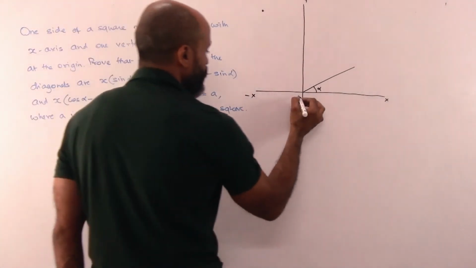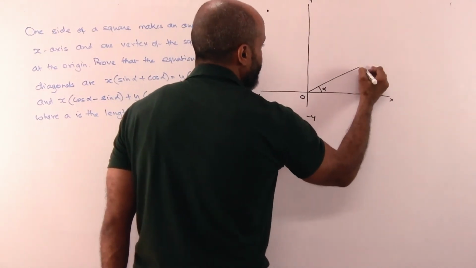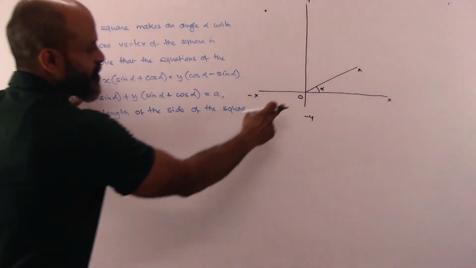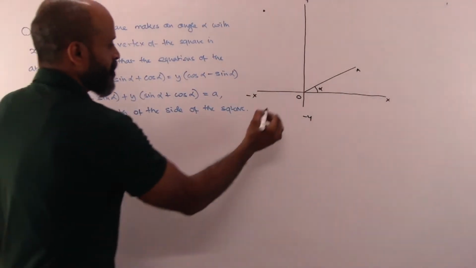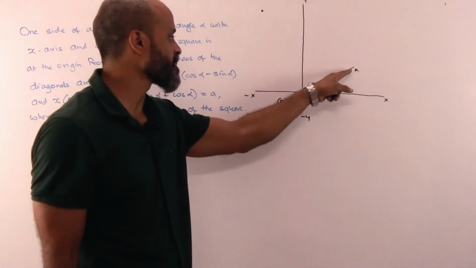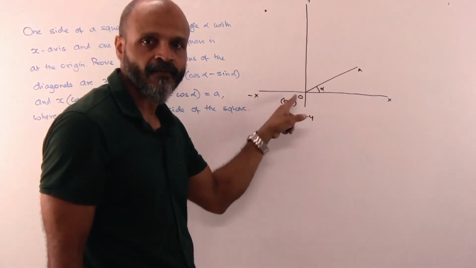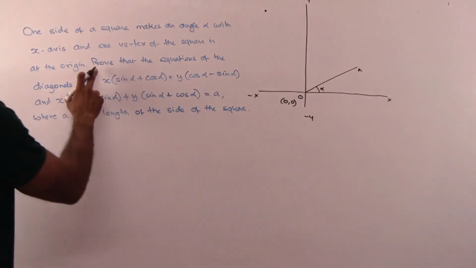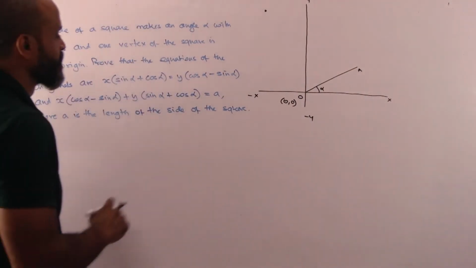So let's say this is O and this is A. X axis, and one vertex of the square is at the origin. So we have taken one vertex at origin, which means 0, 0. Okay, one side of a square makes an angle alpha with the x axis and one of the vertices at the origin. Okay, prove that the equations of the diagonals are this.